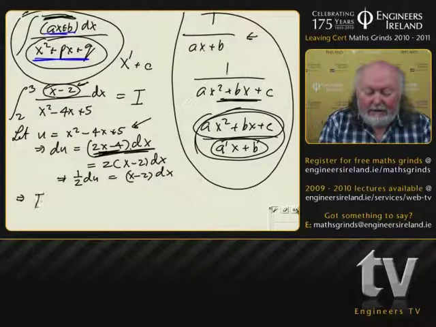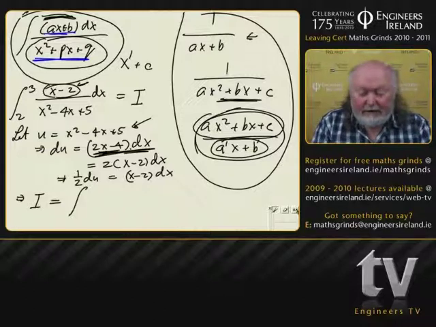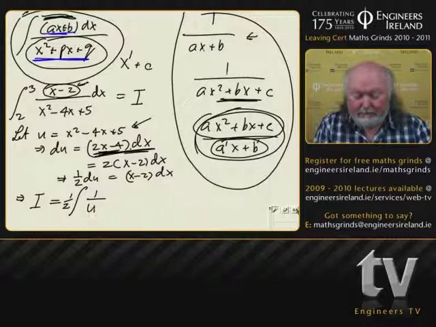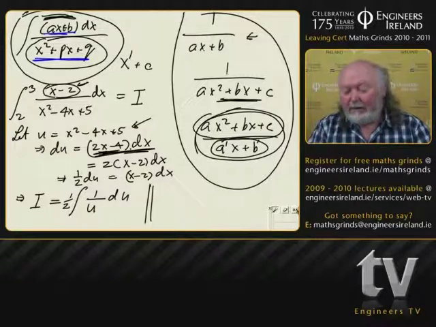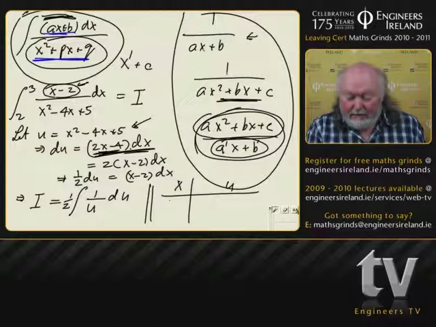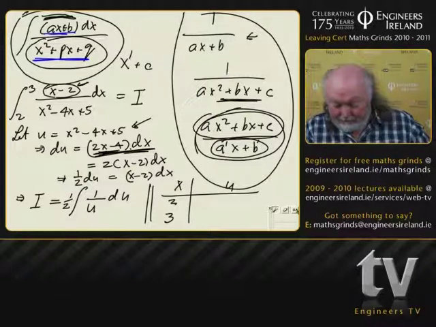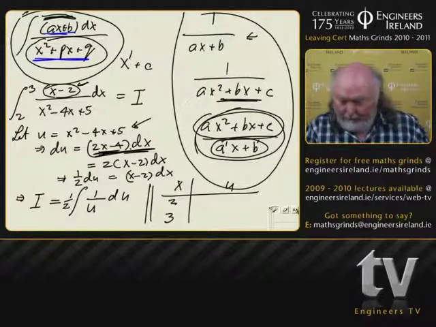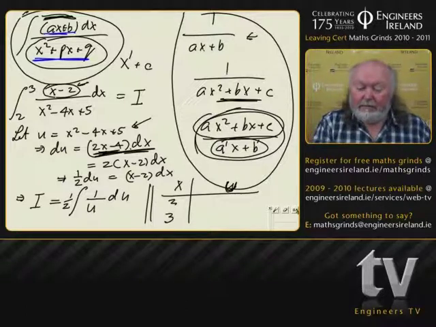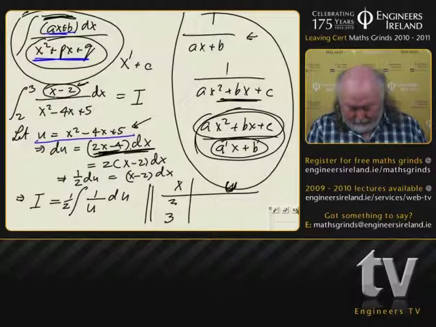That implies the integral is now, and we look at the limits in a second, going to be a half outside of the integral of 1 over u du. We had limits 2 and 3. And the u, when x is 2, you shove it into this, and we will find 1.